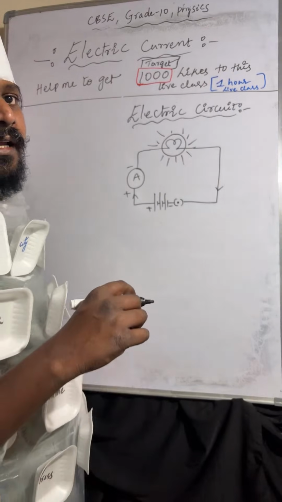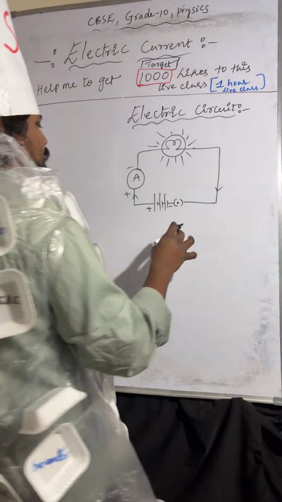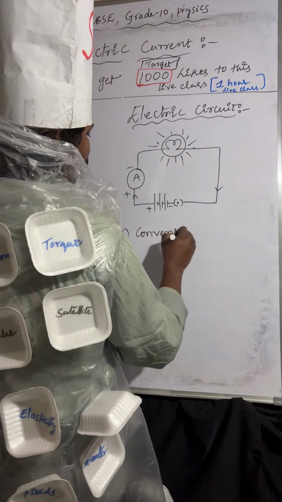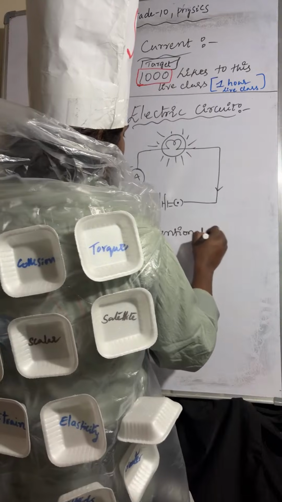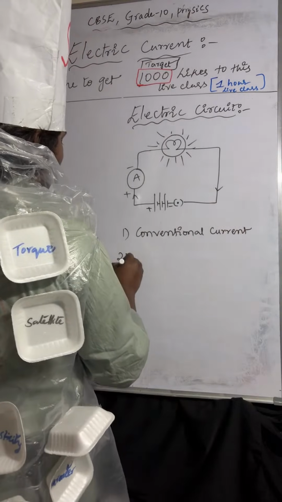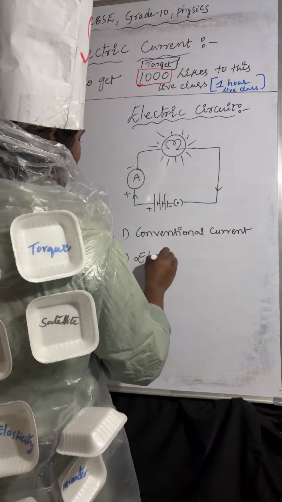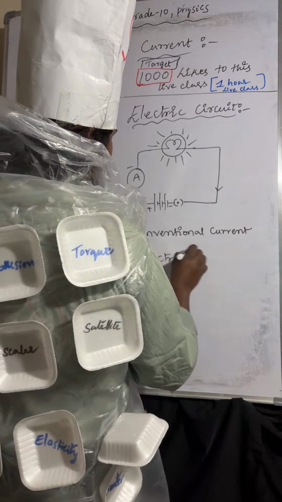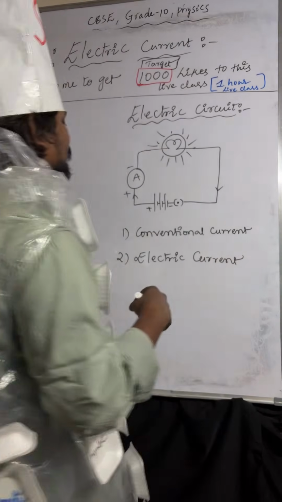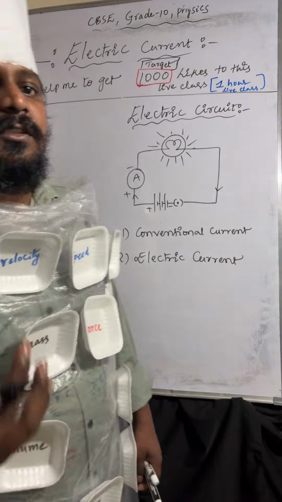So now you can see, here conventional current is there, and the second one is electric current. Conventional current is nothing but the flow of positive charges.